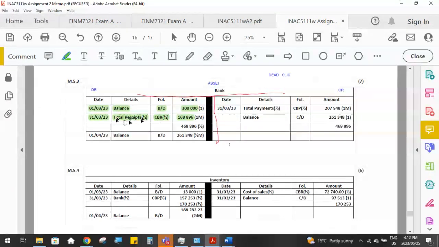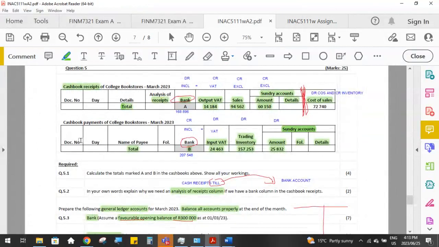You must then put CBR under folio, or CBJ, cash book receipts journal, and then the amount of the total under the bank column. And then for our cash book payments, because when we make payments, that total that we are going to pay is going to decrease the amount in my bank account.